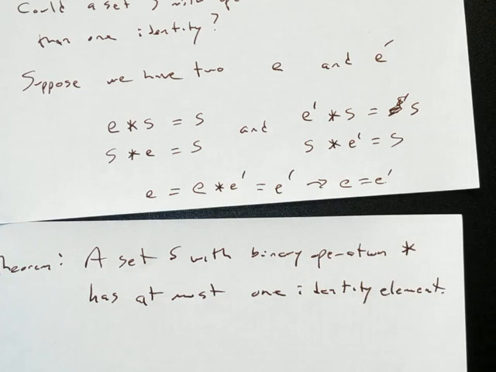Is that most? At most. Okay. Wait a minute. At most 1 means we could have fewer than 1, which means we could have 0.